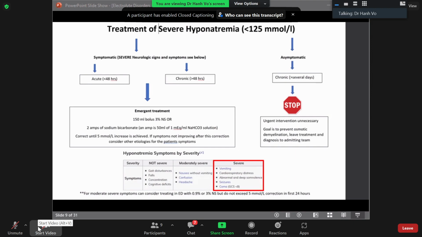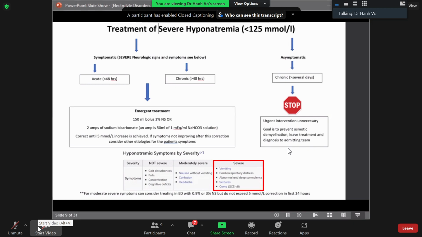The goal is to raise the serum sodium by 4 to 6 milliequivalents in the first several hours to correct the neurologic derangement. Serum sodium should not rise more than 10 milliequivalents over the first 24 hours to avoid osmotic demyelination syndrome. If hypertonic saline is not available, we can give sodium bicarbonate 2 mEq per kilogram IV.